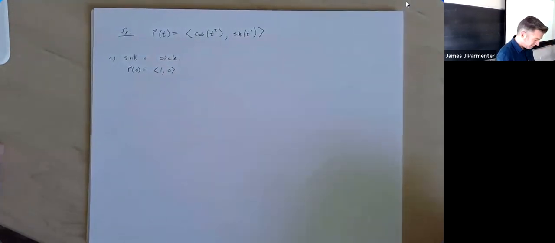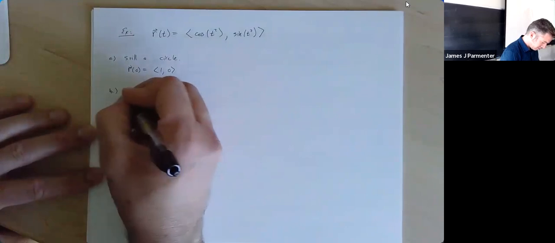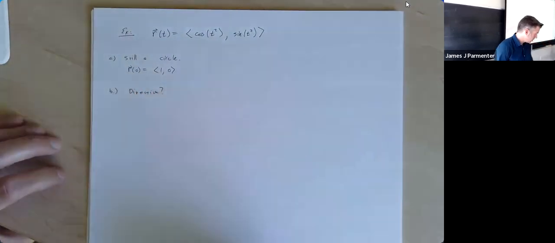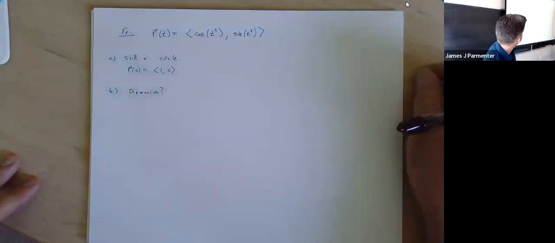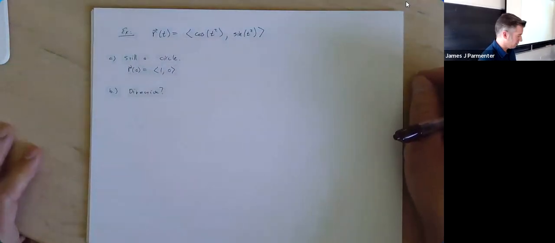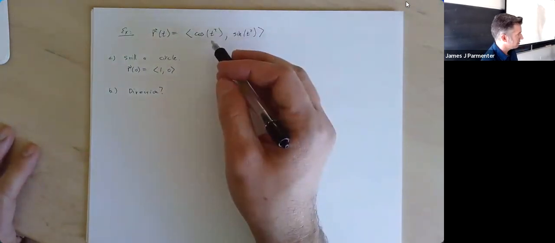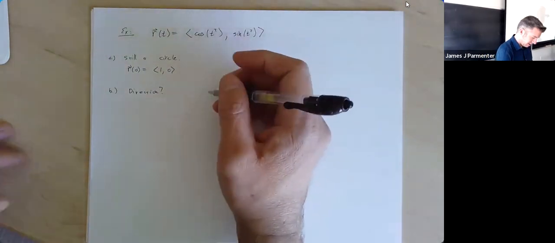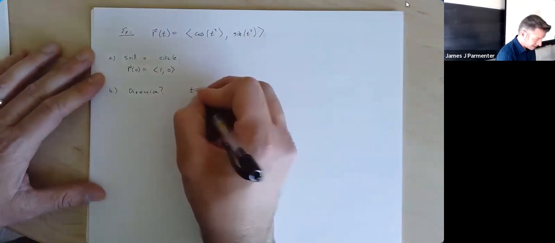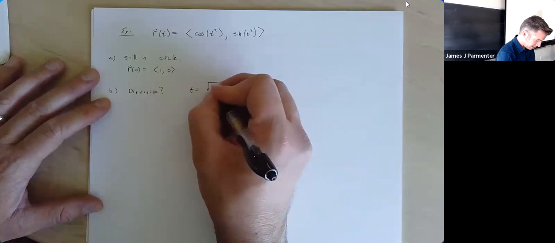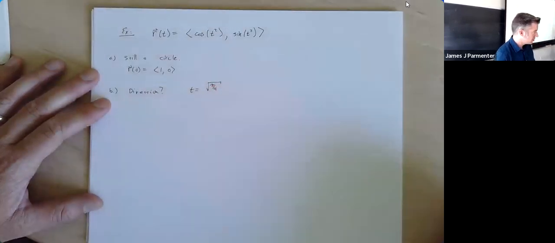What about the direction though? Well, for direction, I just like to plug in a later point. So if I plug in a later time, something that's easy to plug in, maybe the square root of pi over 4.